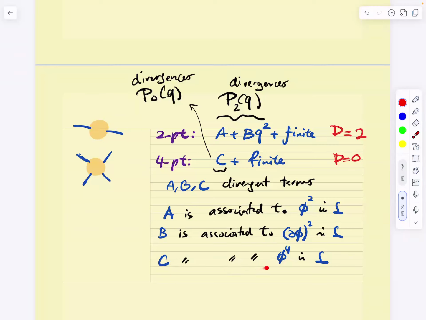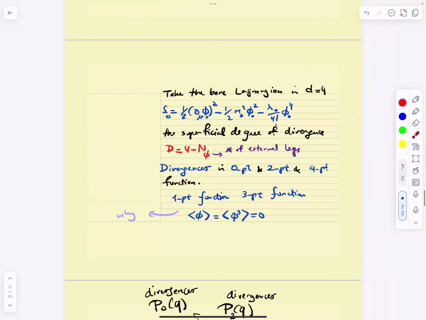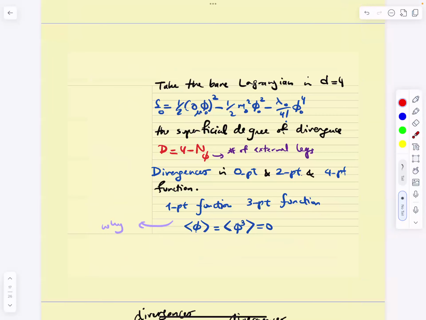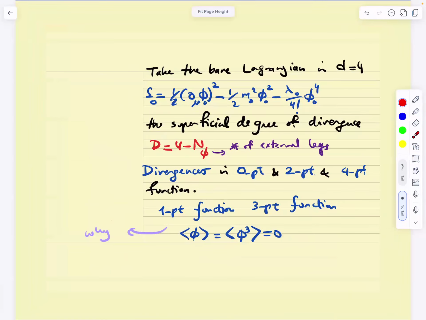And C is associated with the phi 4 term, lambda. These are all the divergences we're going to encounter in Feynman diagrams, in amplitudes of this theory. Questions? You see the power of all this dimension counting that we talked about.